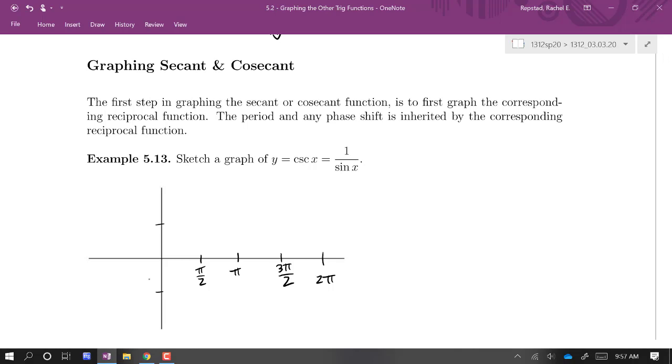I need to leave some space. Sine starts at 0, and it's positive sine, so it starts at 0 and goes up. So something like this.